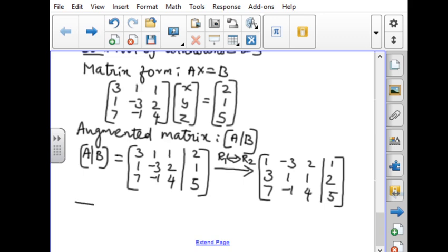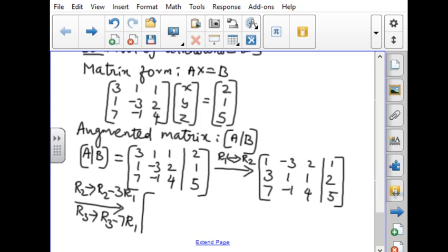Now we can do two operations, that is row 2 changes to row 2 minus, since it is 3, we have to multiply the first row by 3, so 3 row 1. And then row 3 changes to row 3 minus, since it is 7, we have to multiply the first row by 7, 7 row 1.